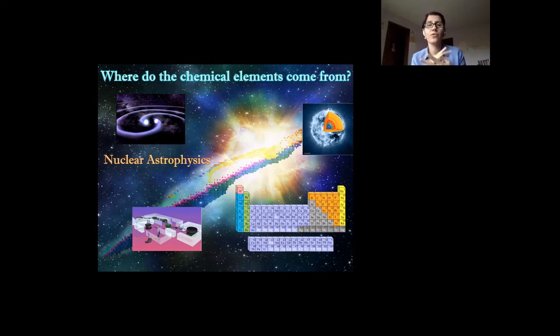And then we have to figure out a way to model the universe or the particular stellar environment to reproduce these observables. And so that's where modeling comes in. You have the astrophysics modeling that is trying to reproduce these observables and draw conclusions for how they could be created. And now that astrophysics model needs some input.